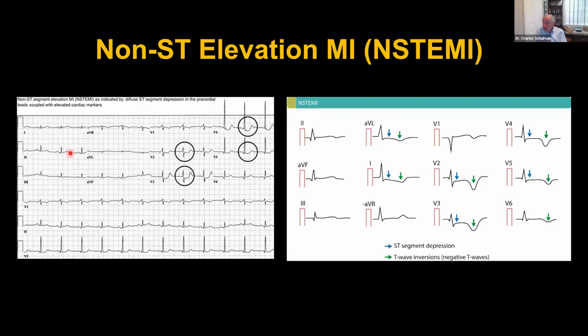So those are things that need to be considered. So here is some ST depression in the precordial leads, which is thought to be due to an NSTEMI. And here's T wave inversion that likewise represents an NSTEMI.